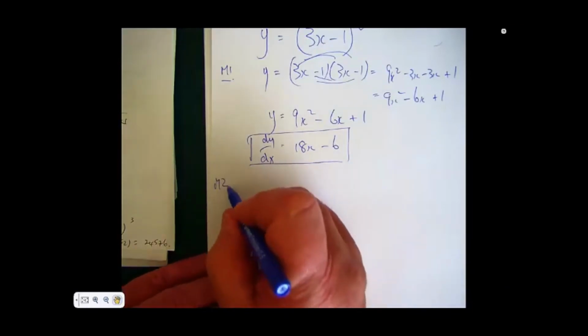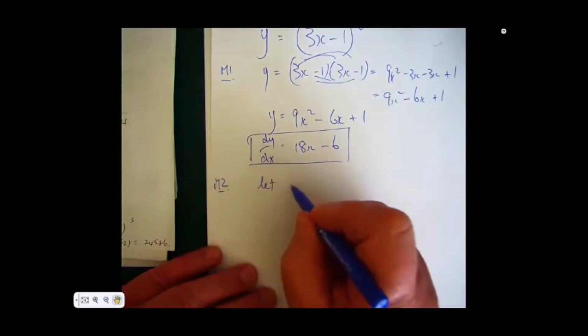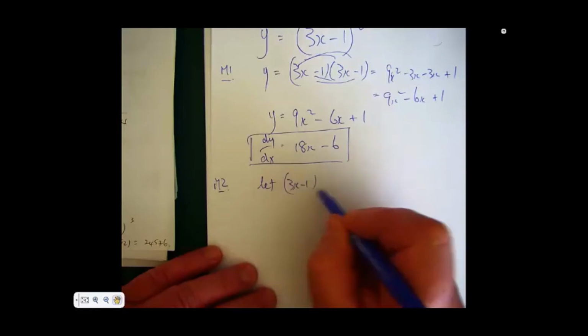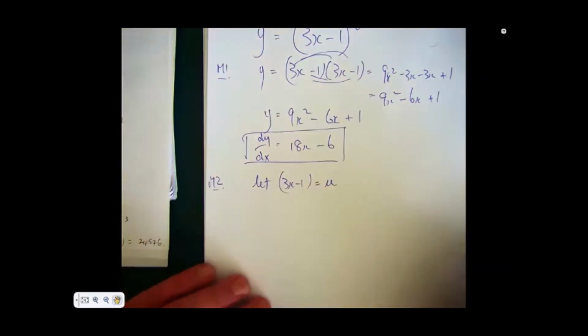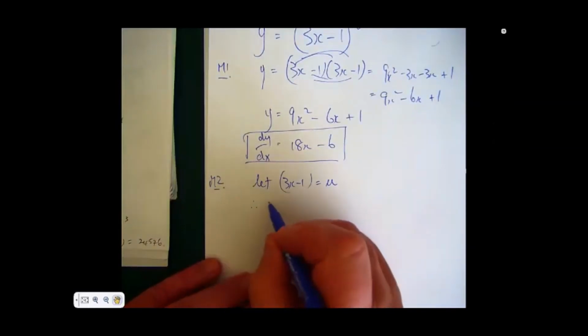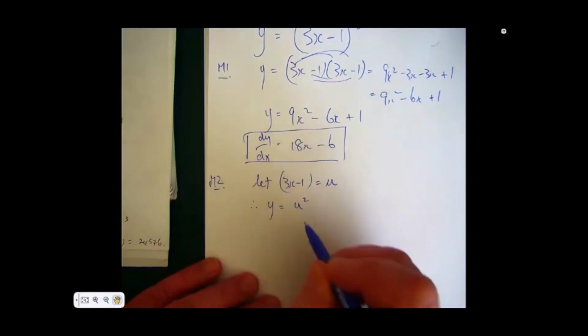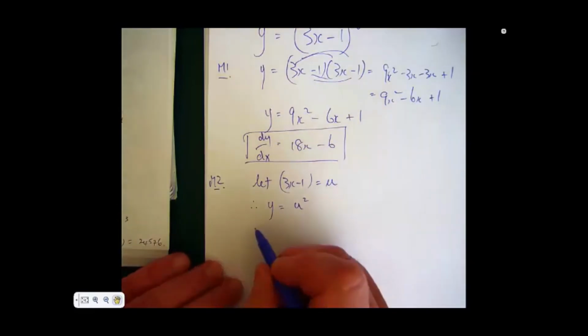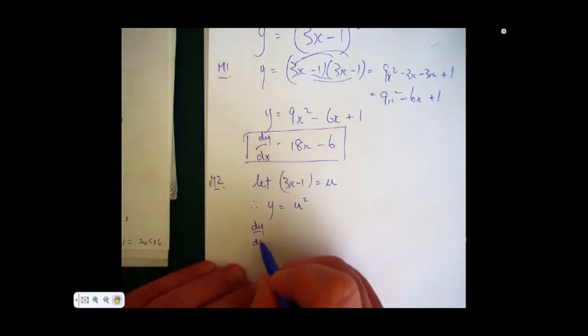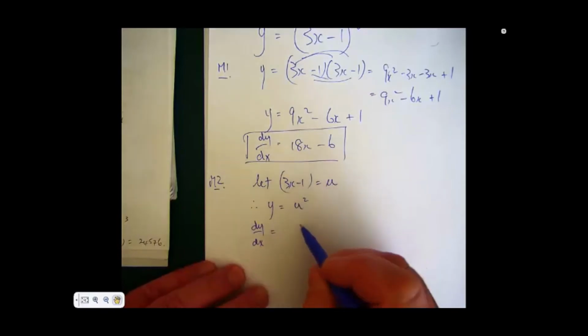Now with the chain rule, this is our method 2. Chain rule, we say let 3x minus 1 equal u. Or it could be any other letter, but u is useful. So now we can say, therefore, y equals u squared. So when we want dy dx, what we're looking for now is we want to find du dx.